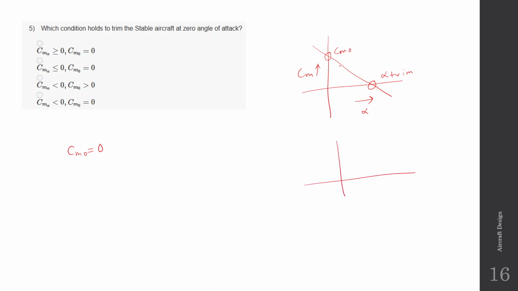The point where this curve crosses the x-axis becomes the alpha trim. If Cm naught is 0, then the curve crosses the x-axis at 0, so alpha trim is equal to 0. Therefore the answer is Cm alpha less than 0 and Cm naught equal to 0.